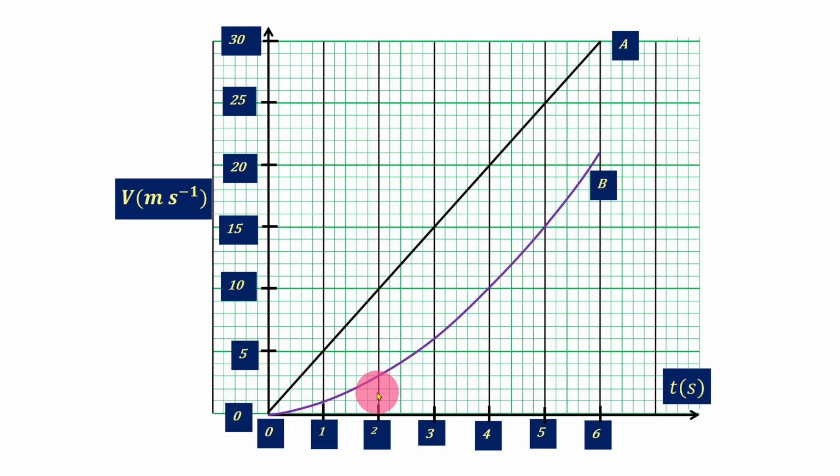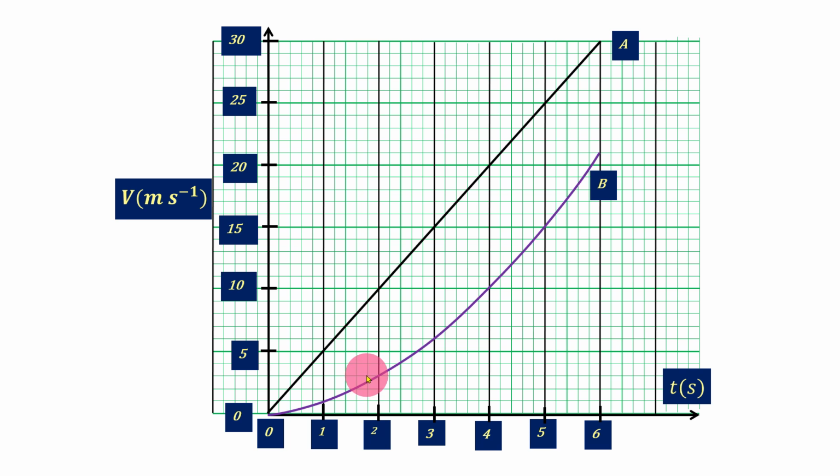So supposing these numbers were not there, how would we be able to tell that this acceleration is increasing? Or how would we be able to tell that the velocity is increasing at an increasing rate, while here the velocity is increasing at a uniform rate? How would we be able to tell if these numbers were not there?